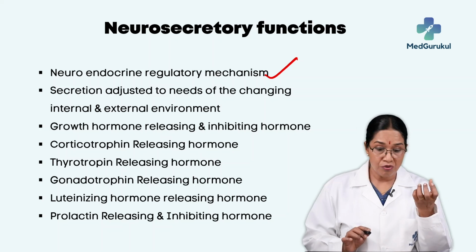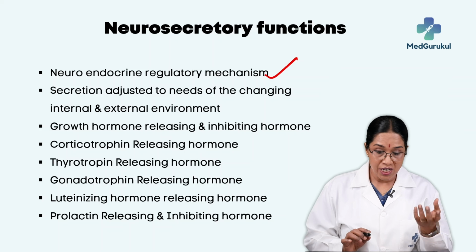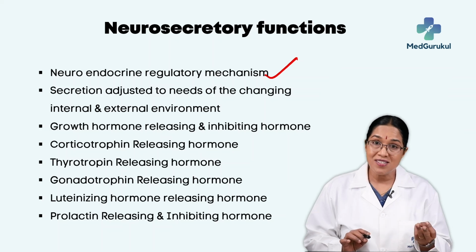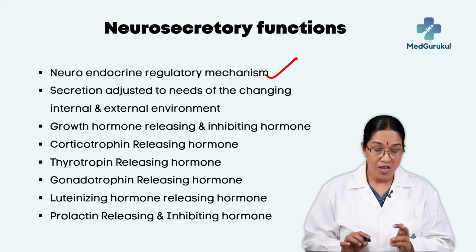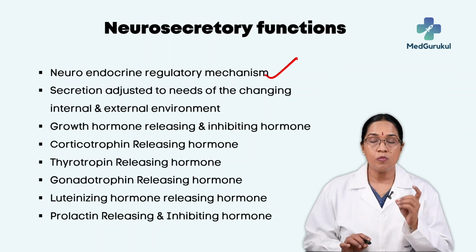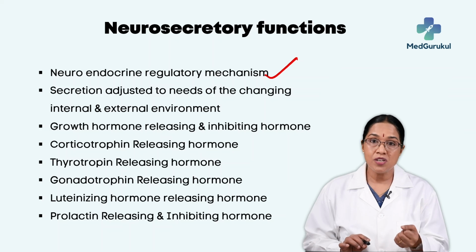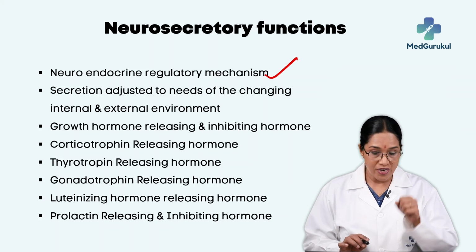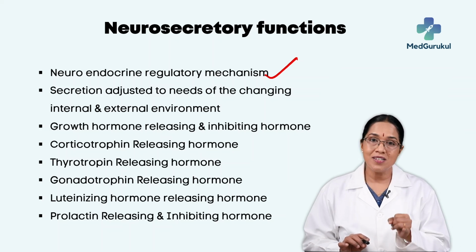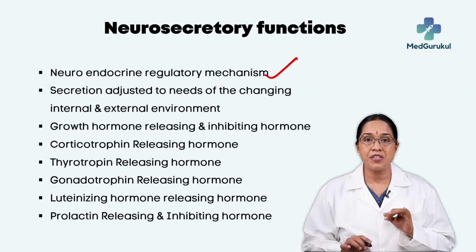Now, the neuroendocrine hormones are the growth hormone releasing and inhibiting hormone, then the corticotropin releasing hormone, the thyrotropin releasing hormone, the gonadotropin releasing hormone, the luteinizing hormone releasing hormone, and the prolactin releasing and inhibiting hormone.